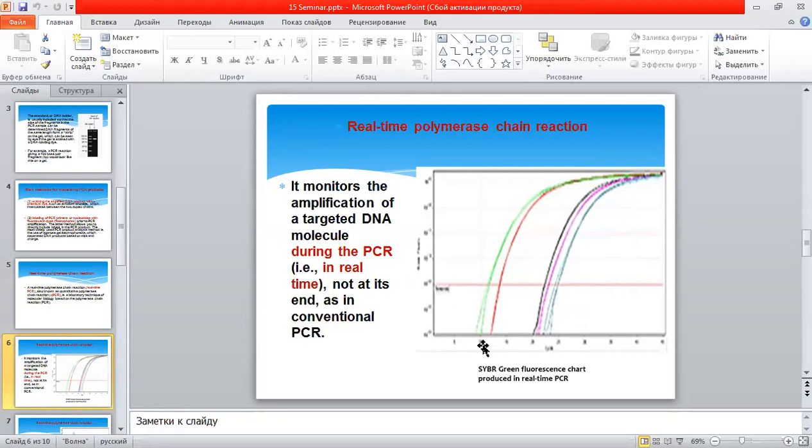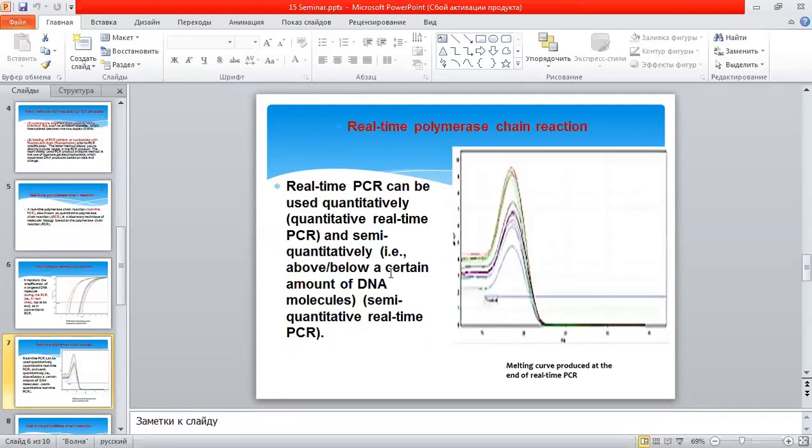The results, the amplification of the target DNA, you see in real time on the monitor.